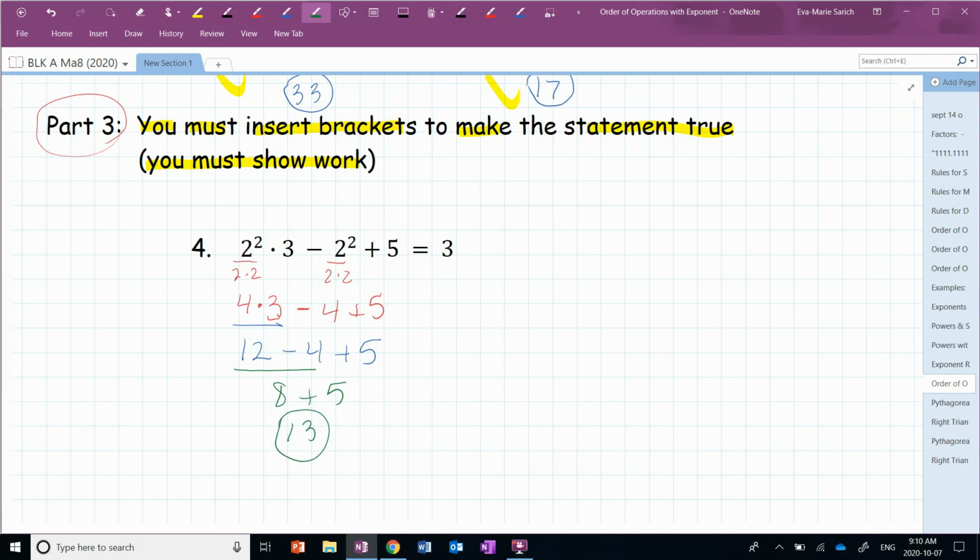Okay, so I'm going to rewrite the question over here. We're going to have 2 squared times 3 minus 2 squared plus 5. I'm going to put a bracket around something I would normally do last. In this case, we did the addition last, so I'm going to put a bracket around the addition and see if that works.